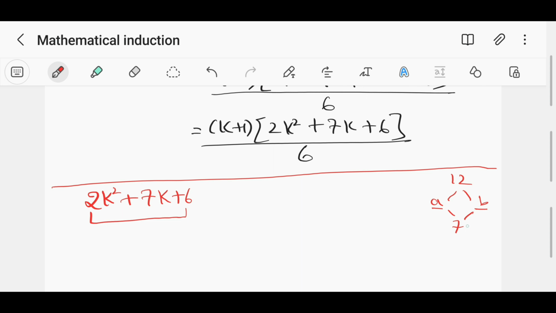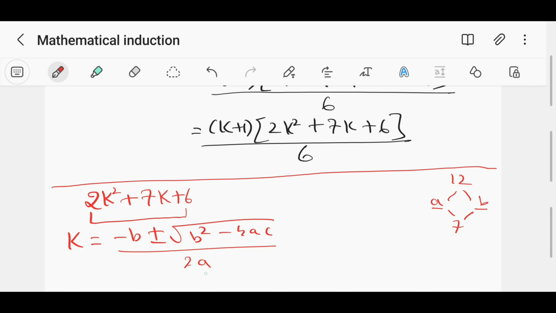If you are not able to find them, then you have to use the formula method, that is k is equal to minus b plus or minus root of b square minus 4ac, divided by 2a. I hope you all know this. So from this equation, what is a? a is 2. What is b? b is 7.